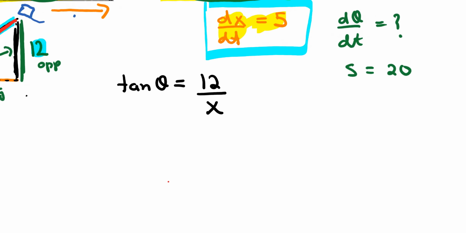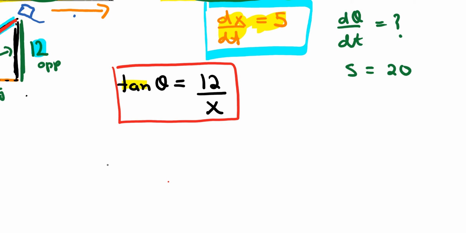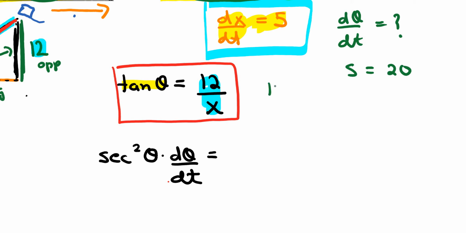Okay, let's take the derivative of this with respect to time. So the derivative of tan theta with respect to time is going to be secant squared theta times d theta over dt. And regarding the 12 divided by x, you can think about that as 12 times x to the power minus 1.